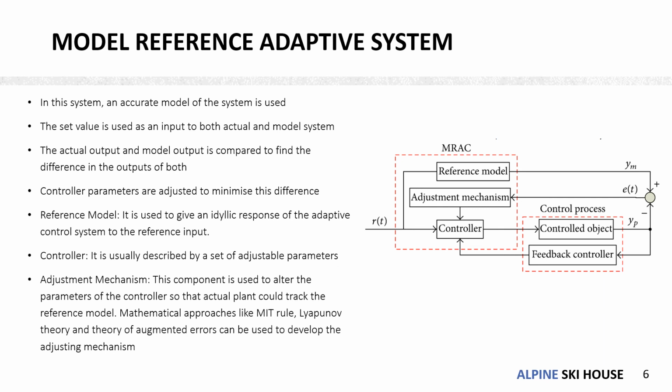This component is used to alter the parameters so that the difference between the actual output and the desired output from the model is reduced. Mathematical approaches like the MIT rule, Lyapunov theory, and the theory of augmented errors can be used to develop the adjustment mechanism. So these are the three different types of adaptive systems, and adaptive control is very much used in automation processes where real-time monitoring of the actual process is required.